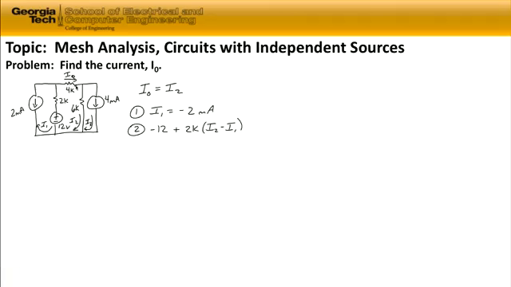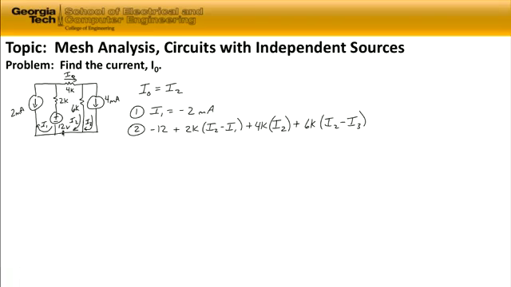Then at the top, as we go through the 4 kilo ohm resistor, we have another voltage drop, which is simply 4K I2, because I2 is the only loop or mesh current flowing through it. And then we get on the right-hand side of this loop, and we encounter the 6 kilo ohm resistor, and we know the voltage drop for that is going to be 6K times I2 minus I sub 3.